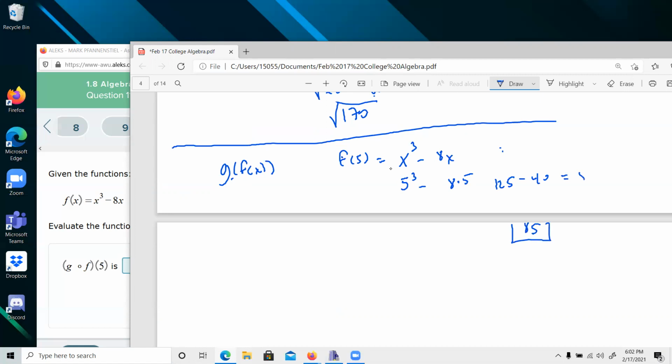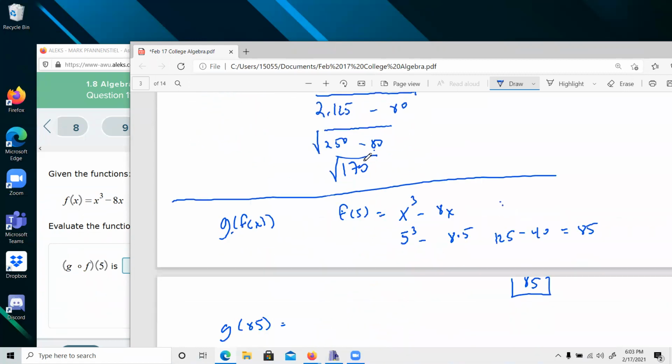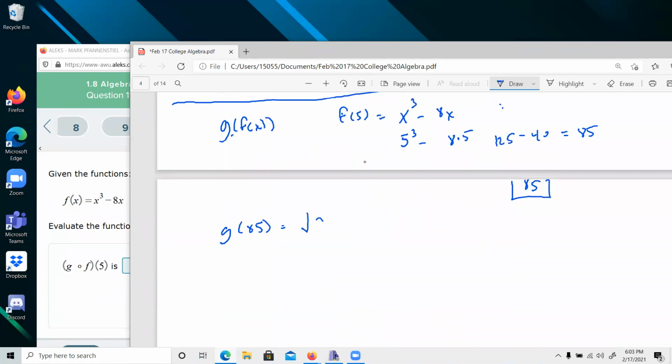All right. Now we're going to figure out, well, what's g of 85? Well, g of 85 is the square root of 2 times 85. It's 160 plus 10, so 170.